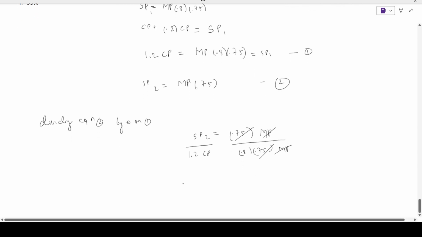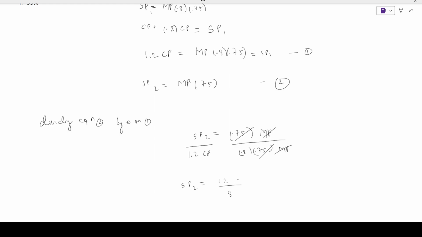We have SP2 is equal to 1.2 upon 0.8 cost price.